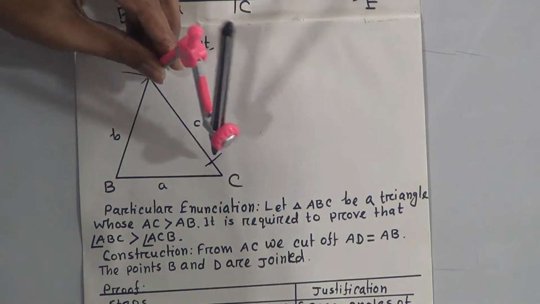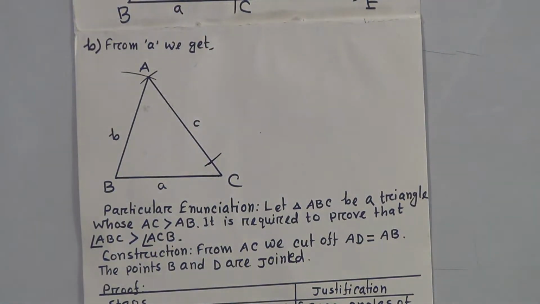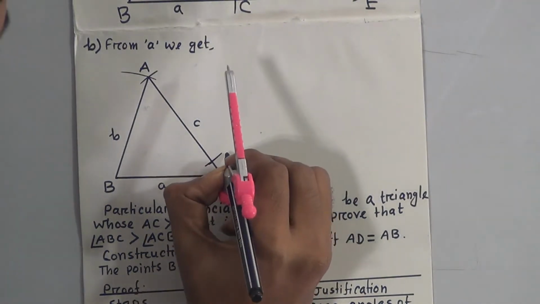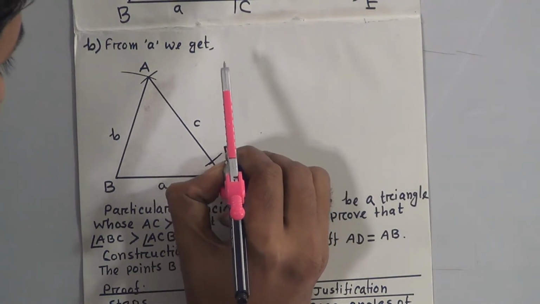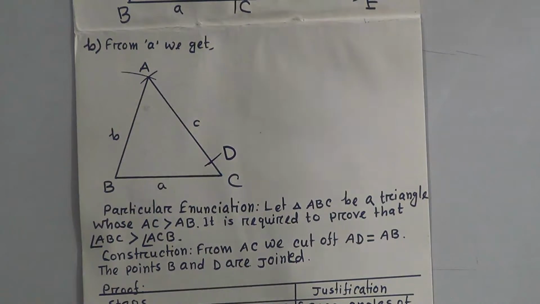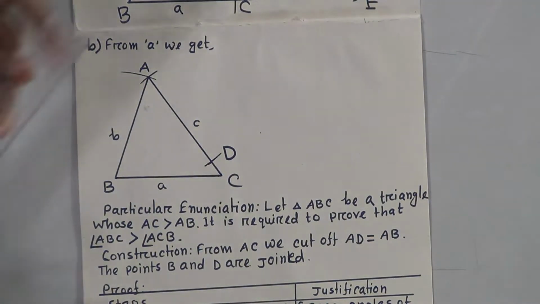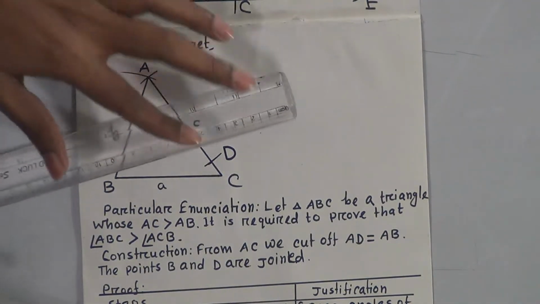That means 6 centimeter. Okay. And what is the name? We cut off AD. This name is D. Okay. And now we have to join BD.